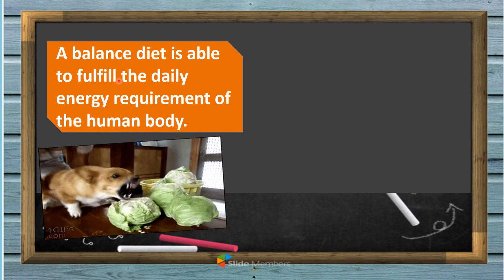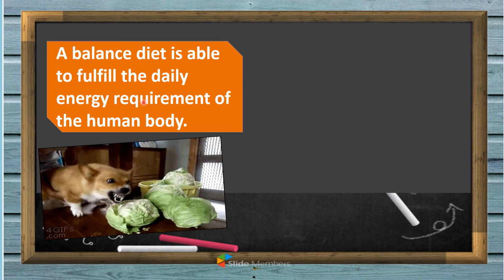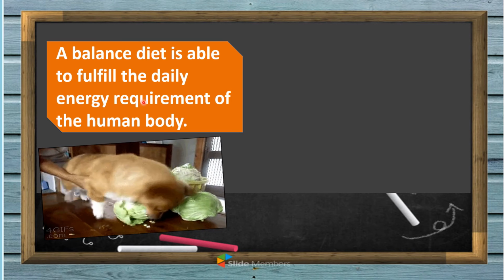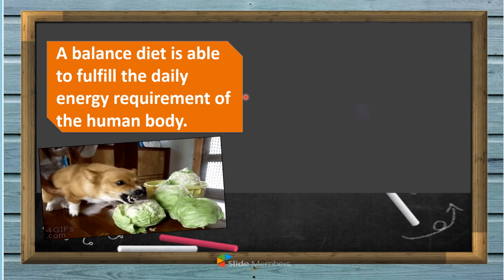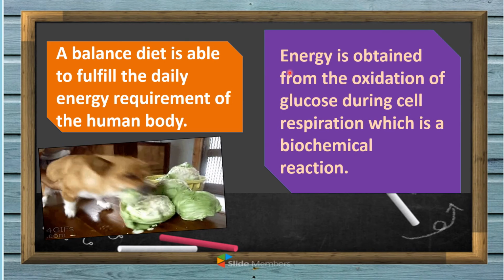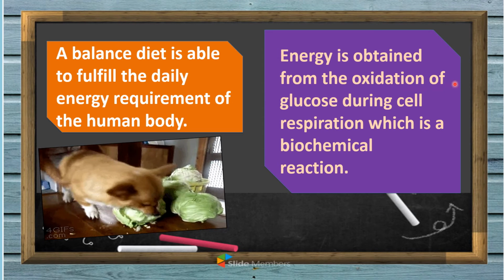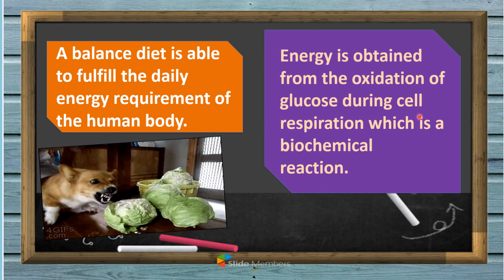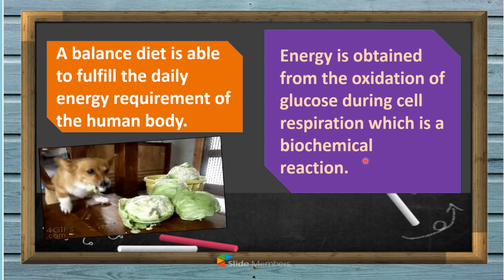Again, when we say able to fulfill the daily energy requirement, meaning you eat enough for your work or your daily activities. Another, energy is obtained from the oxidation of glucose during cell respiration, which is a biochemical reaction.